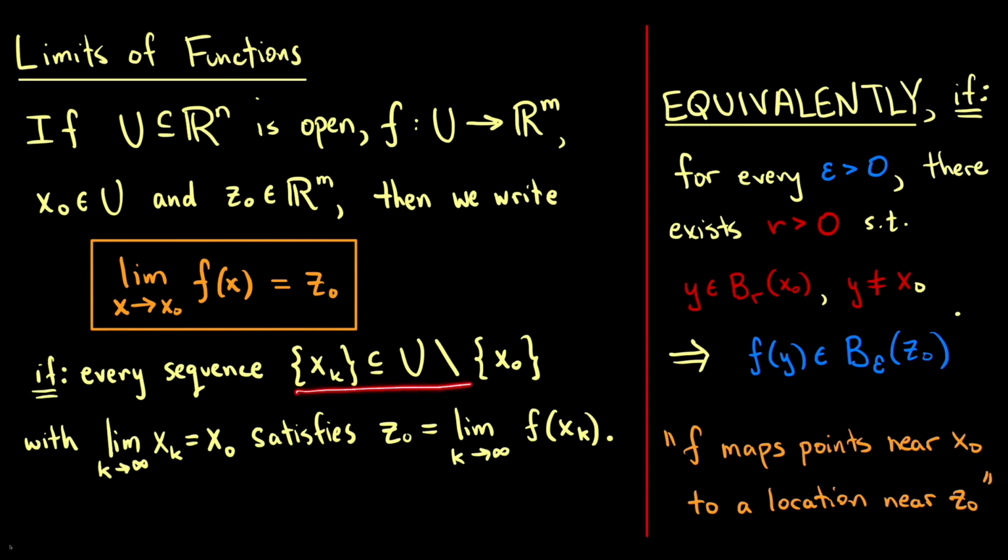Okay, so if I have a sequence of points converging to x0, then the sequence of outputs must also converge to z0, where this limit is in Rn and this limit is in Rm.